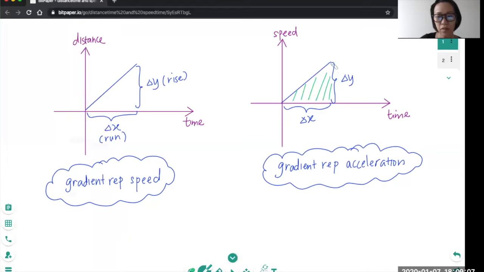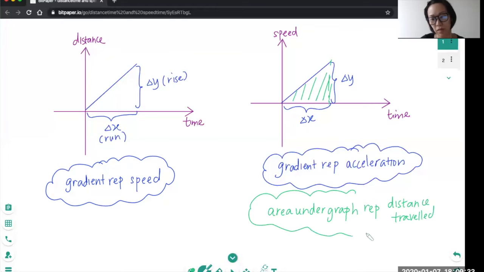The area under the graph represents the distance traveled. So as you can see, these are the pieces of information that you can get from the different graphs.